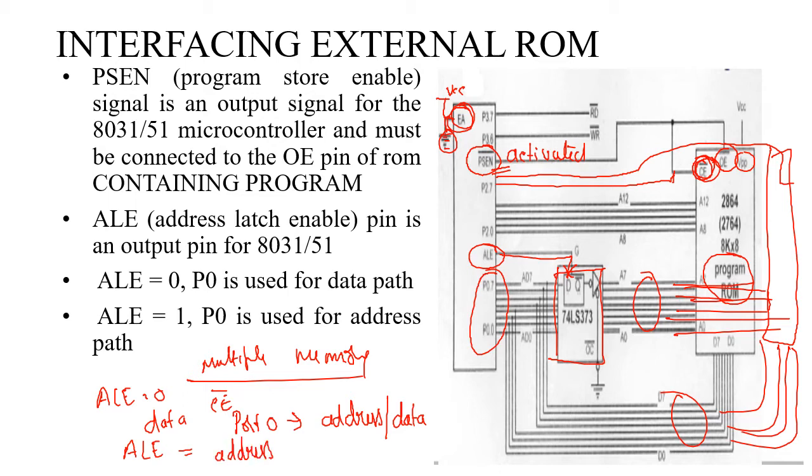So this is how we separate the address and the data bus using a latch and the address latch enable signal generated by the 8051 microcontroller. Here in this interface, we will be using 8 kilobytes memory.